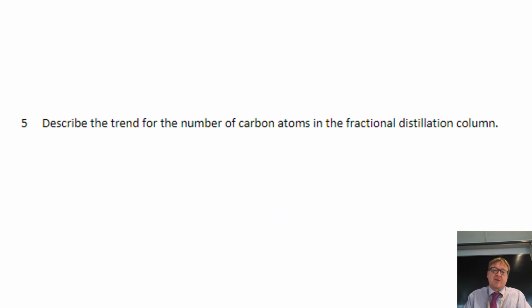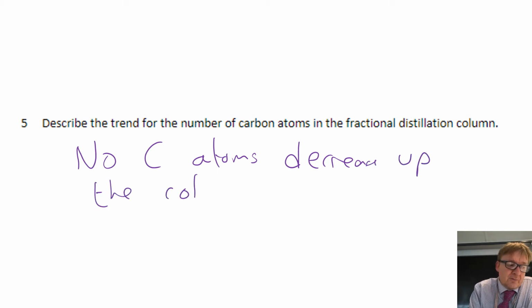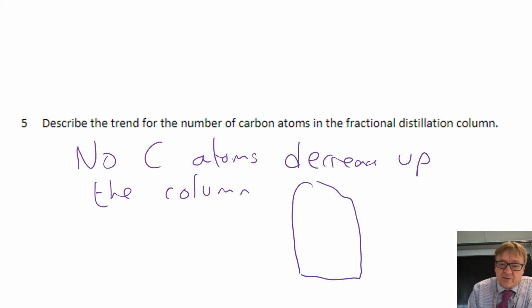Question number 5, describe the trend for the number of carbon atoms in the fractional distillation column. Right, so what we're looking for now is the pattern. So the number of carbon atoms decreases up the column. Okay, so if you've got a column there like that, doesn't look anything like it at all, then there'll be small there, large there.